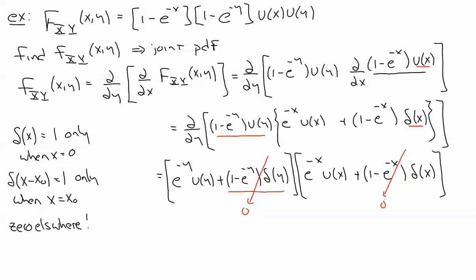And so my final result for this example is e to the minus x, e to the minus y, step function in x, step function in y. I can simplify that and call that e to the minus (x plus y), u of x, y.